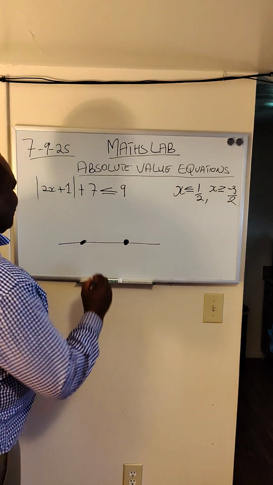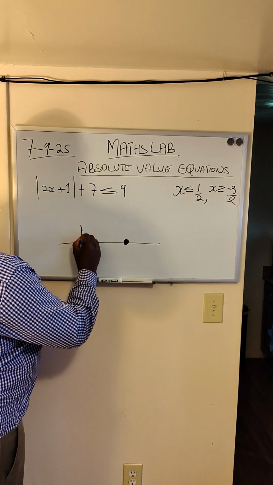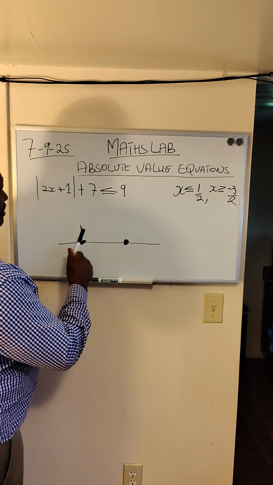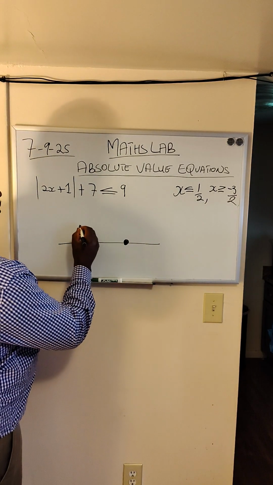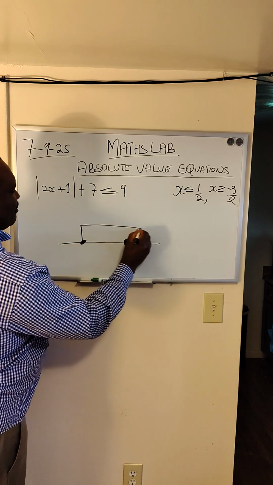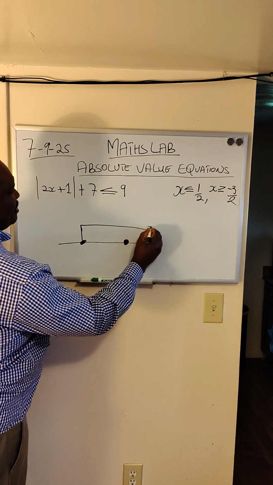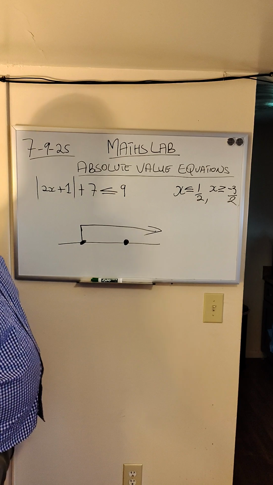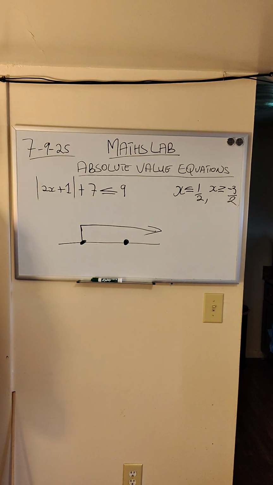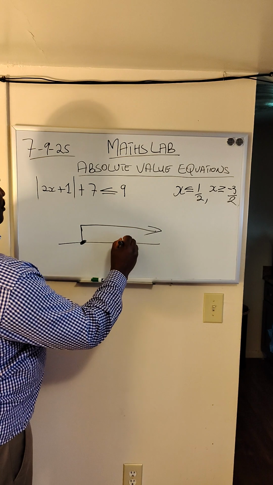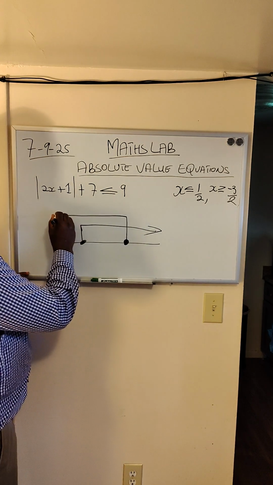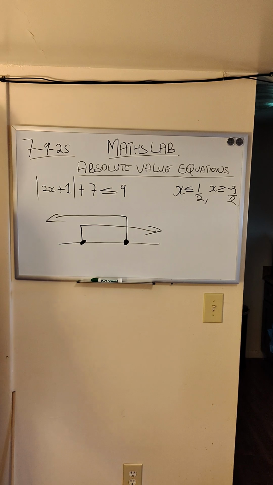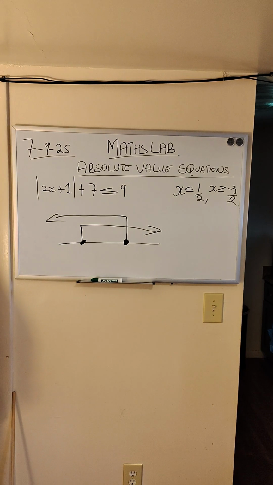The first line is going to face our right side, whereas the second line is going to face towards our left side.